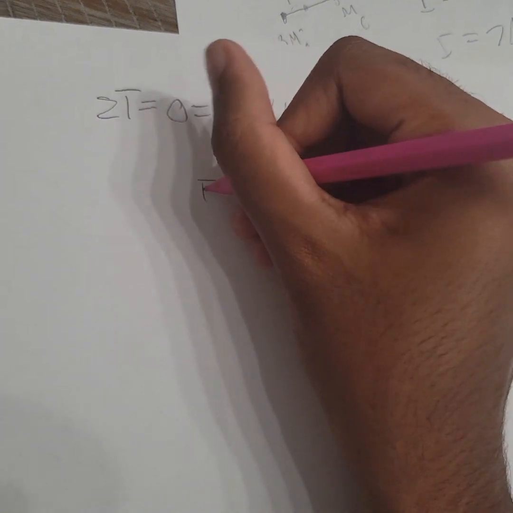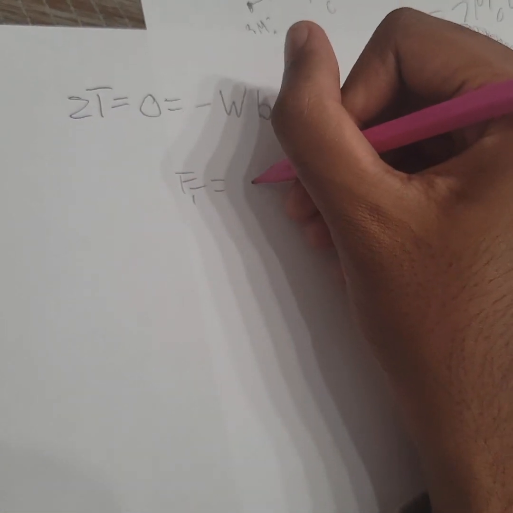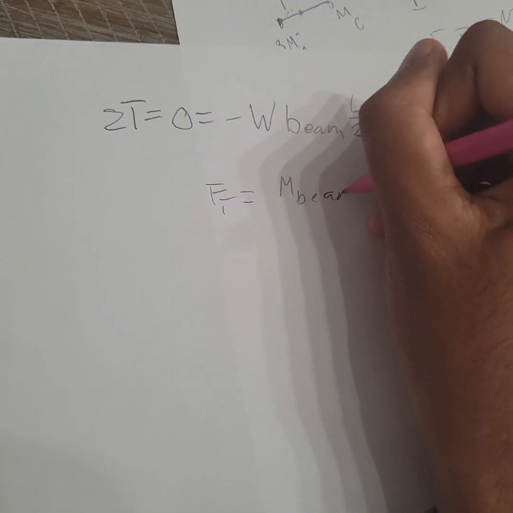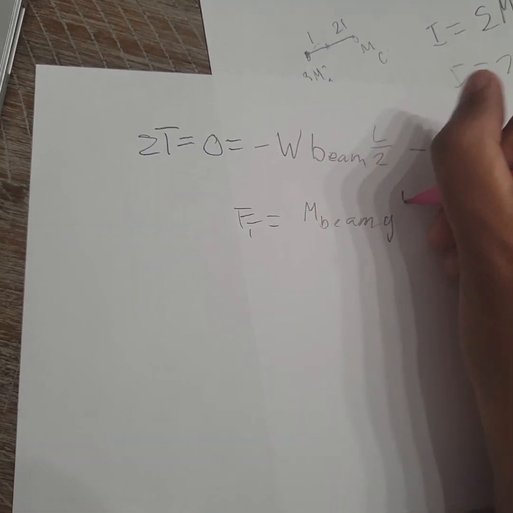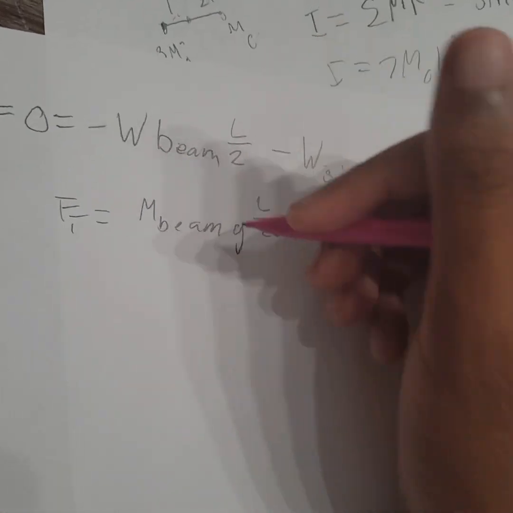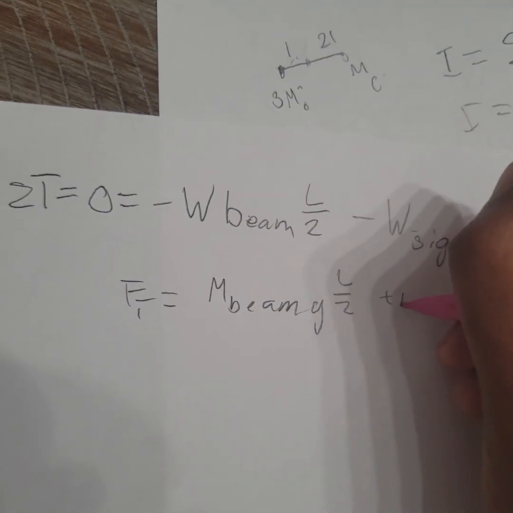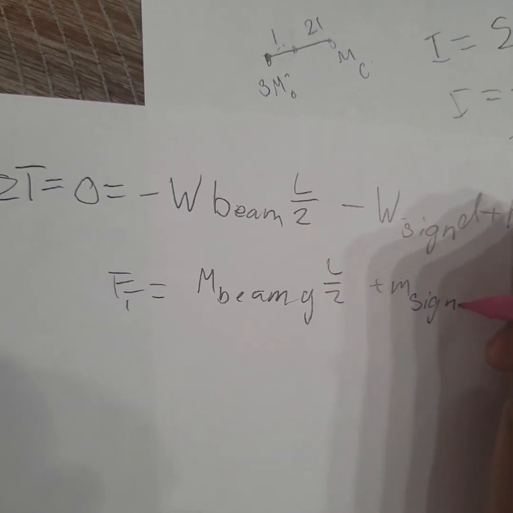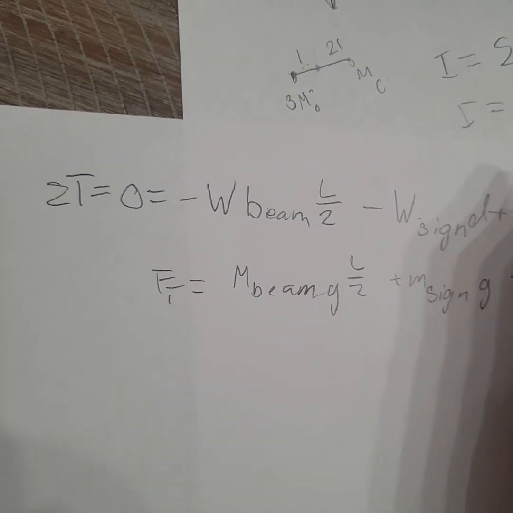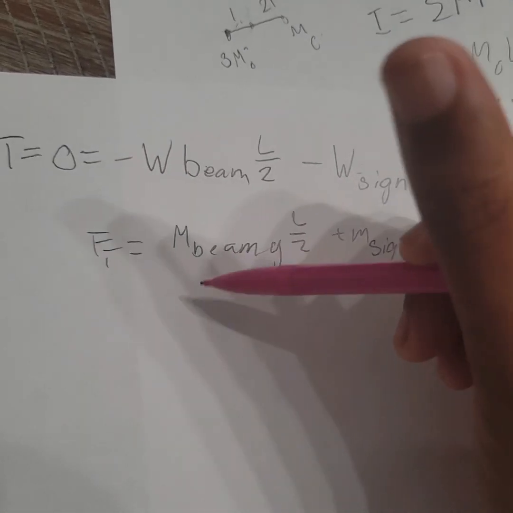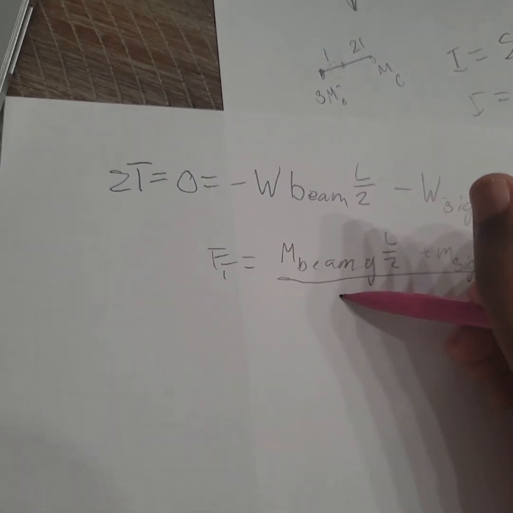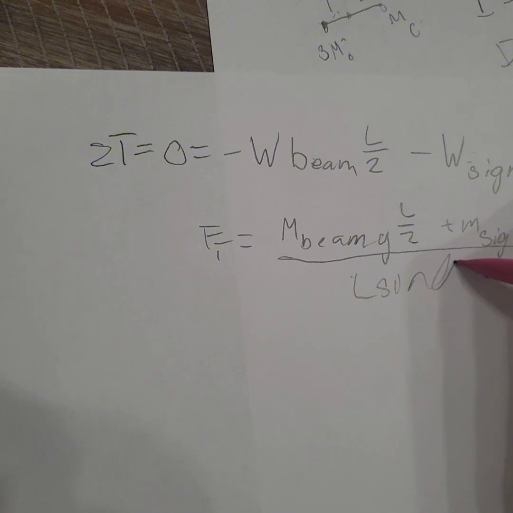So you get F_T equals mass of the beam g L/2 plus mass of the sign, gravity times distance, over L sine theta.